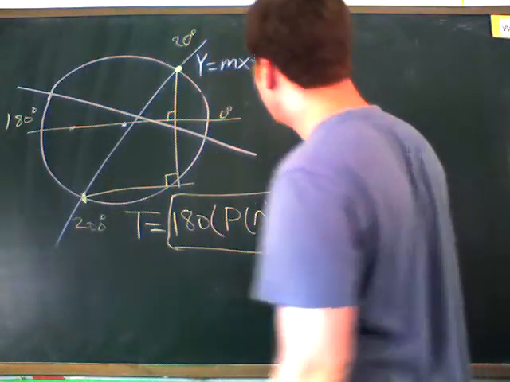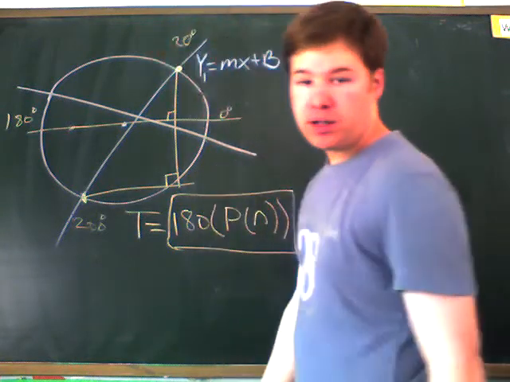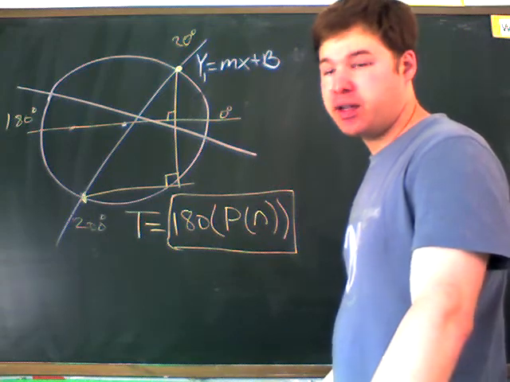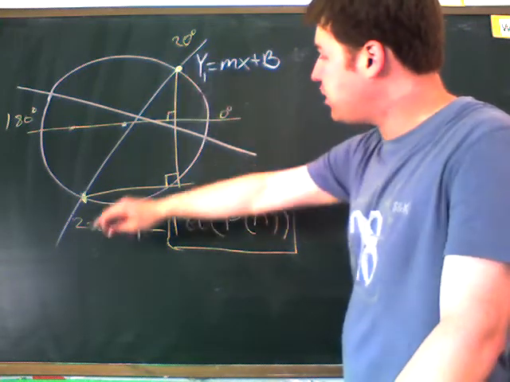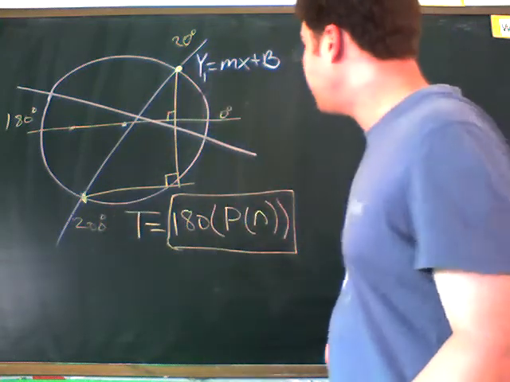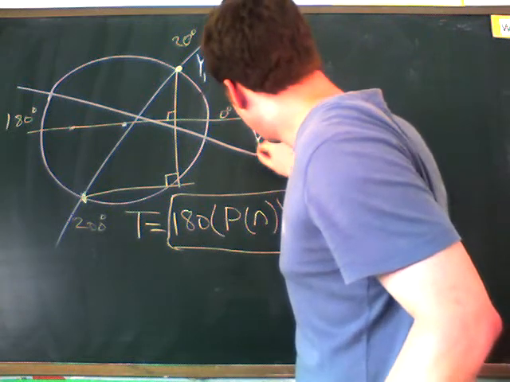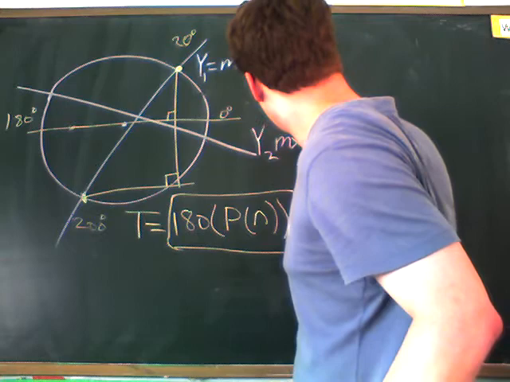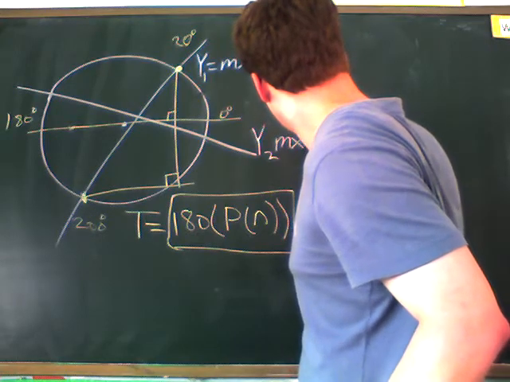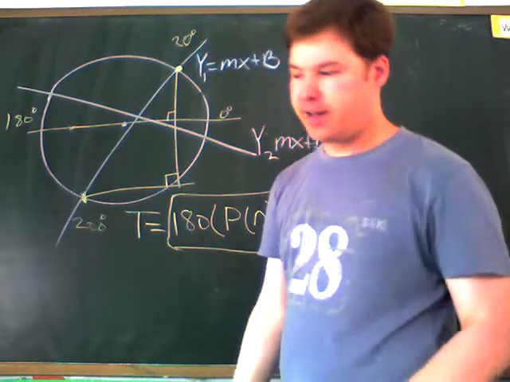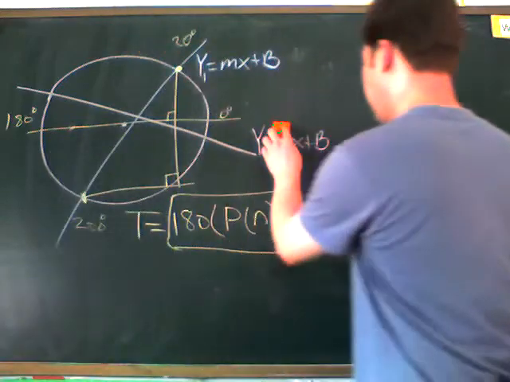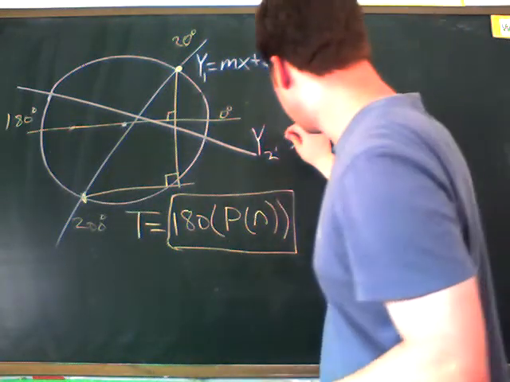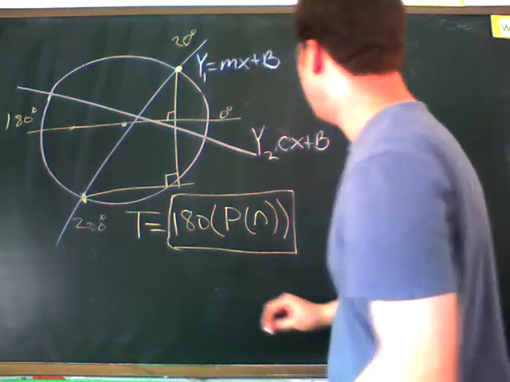So we have y1. Very early in this series of lectures, I told you that the first line is y1 and the second line is y2. So just go ahead and write this out for fun. And actually, let's be a little more mathematically accurate.